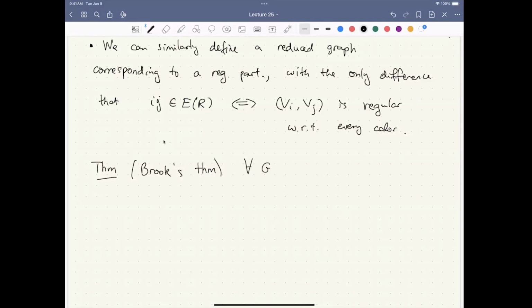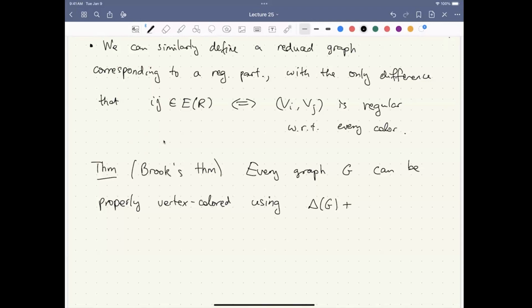For every graph G, G can be properly vertex colored using maximum degree + 1 colors, i.e. the chromatic number of G is at most delta of G + 1.